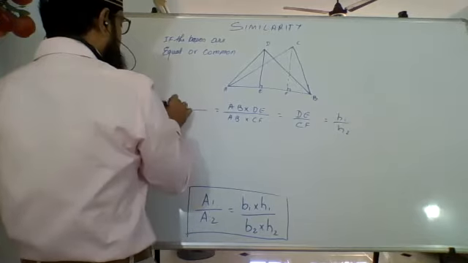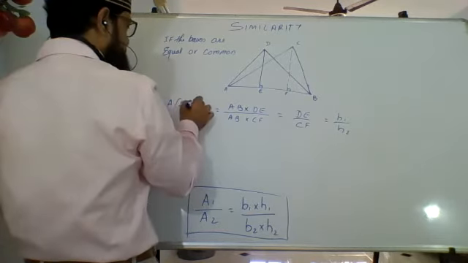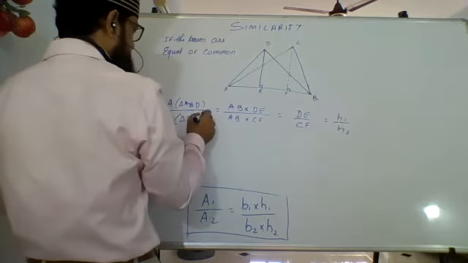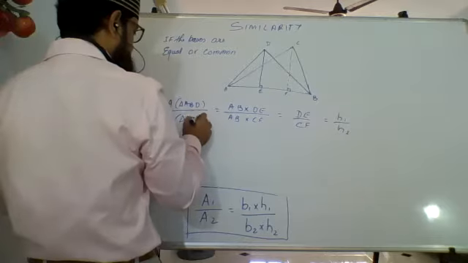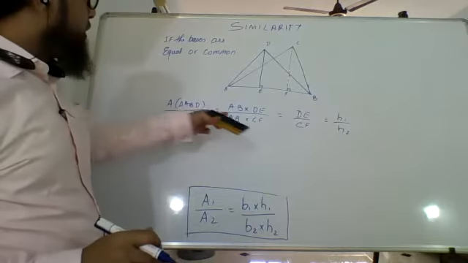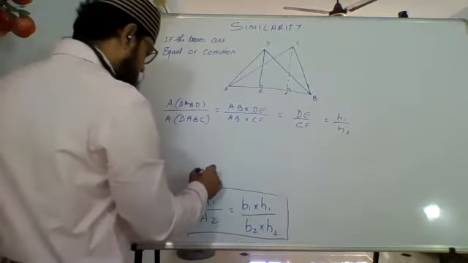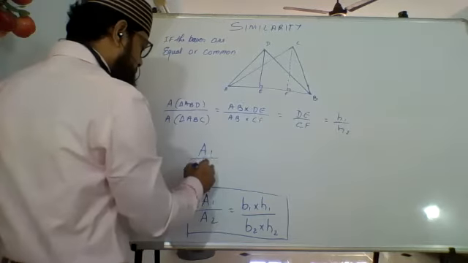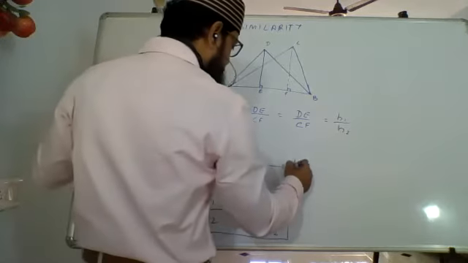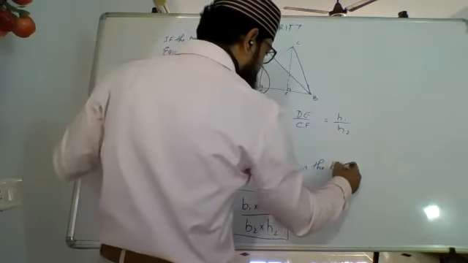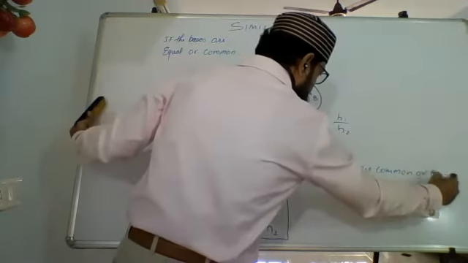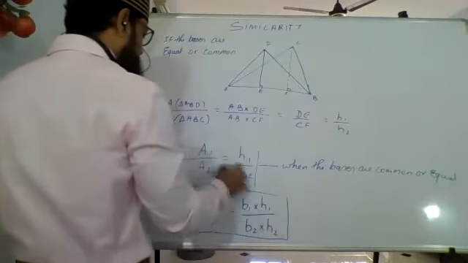So, because of the bases being common, A1 upon A2 equals H1 upon H2 when the bases are common or equal.